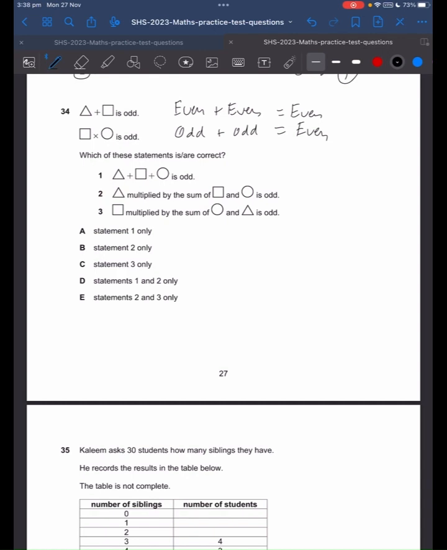Now squares, as I mentioned before, when we multiply numbers together and they give us an odd number, can they be even? Let's try it. 2 times 3 or 2 times 4. 2 even numbers will always give us an even number.